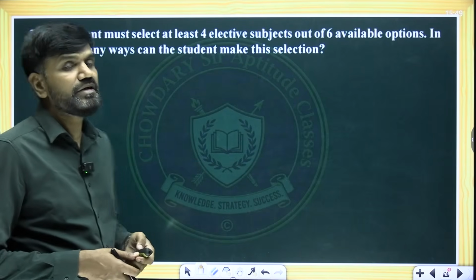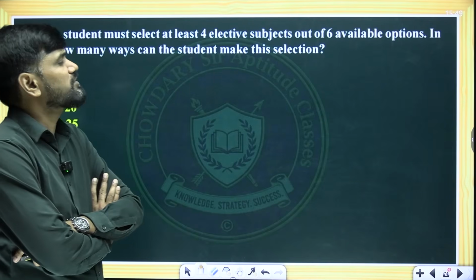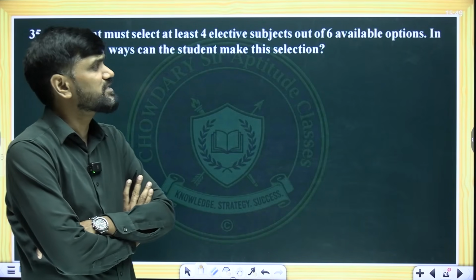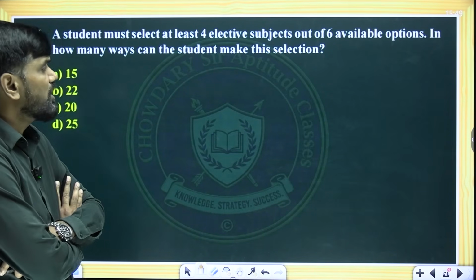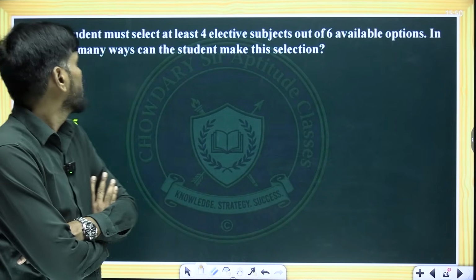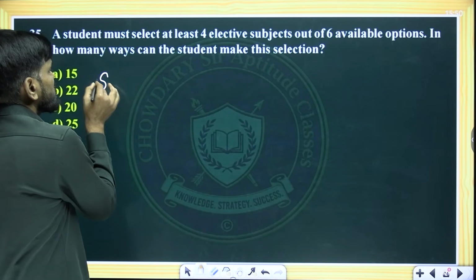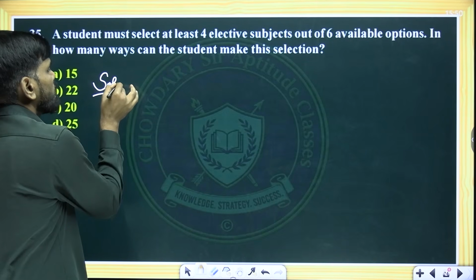Problem number 35. A student must select at least 4 elective subjects out of 6 available options. Out of 6 options that are available, he has to select at least 4. In how many ways can the student make this selection? So out of 6, he has to choose at least 4 electives.